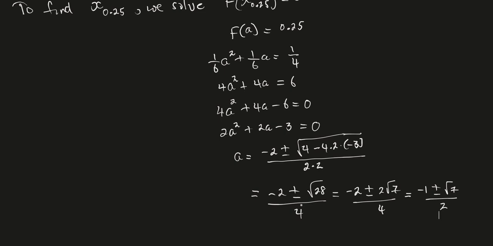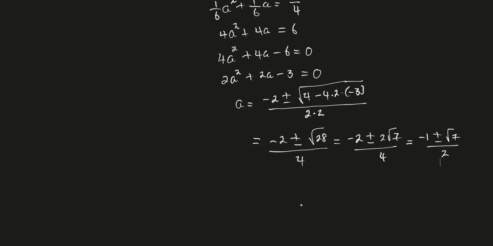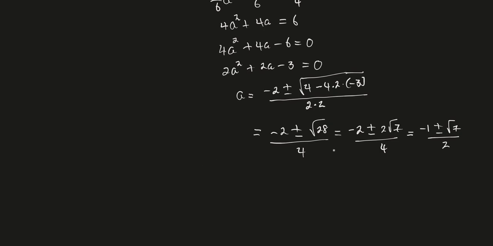As expected, it shouldn't be surprising that we end up getting two solutions. Either A is -1 plus root 7 over 2, or A is equal to -1 minus root 7 over 2. But this number is negative, and the sample space for this distribution consists of numbers between 0 and 2.